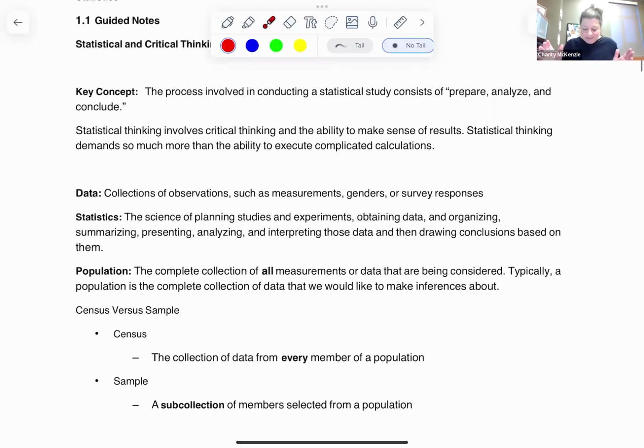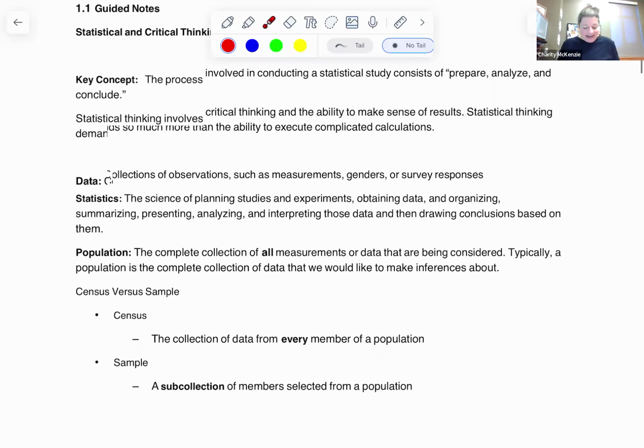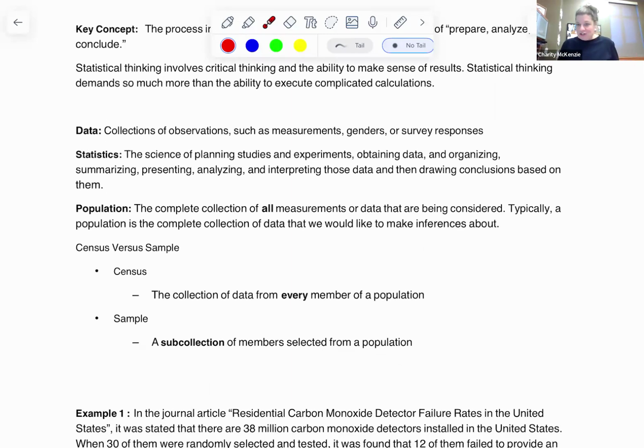So if you look, the key concepts is just prepare, analyze, and conclude. Basically, set up a sample, analyze it, and then make a conclusion. That's what statistics is. So data is a collection of our observations. We could collect data in some kind of observation, like we watch cars drive by and we collect the colors or the brand or whatever.